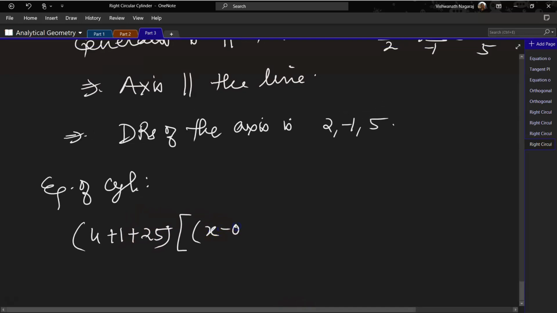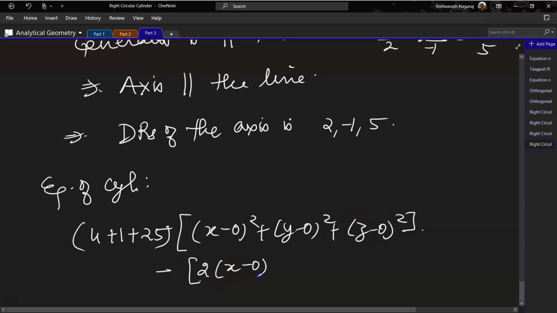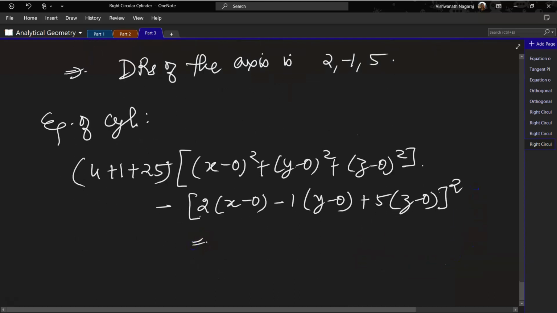So (x minus 0) square plus (y minus 0) square plus (z minus 0) square minus, now the direction ratios are 2 times (x minus 0) plus, no, minus is there, so the direction ratio is minus 1, so minus 1 times (y minus 0) plus 5 times (z minus 0), the whole square is equal to the radius square r square. So that is 3 square, that is 9 times (L square plus M square plus N square).